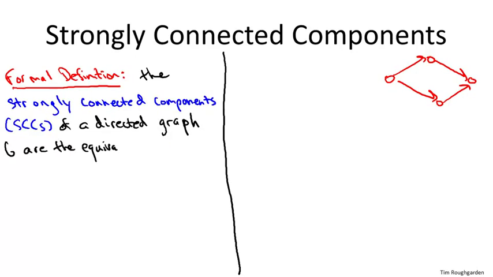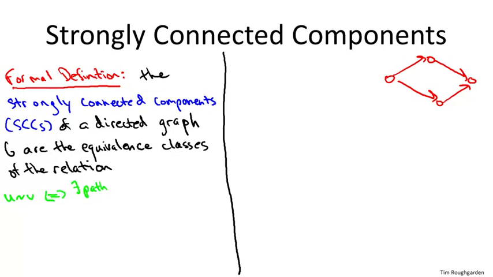The equivalence relation we're going to use is on nodes of the graph, and we'll say that a node U is related to a node V if you can get from U to V via a directed path and also from V to U via some other directed path. I'm not going to bore you with the verification that this is an equivalence relation. That's something you can work out in the privacy of your own home. So remember what it means to be an equivalence relation.